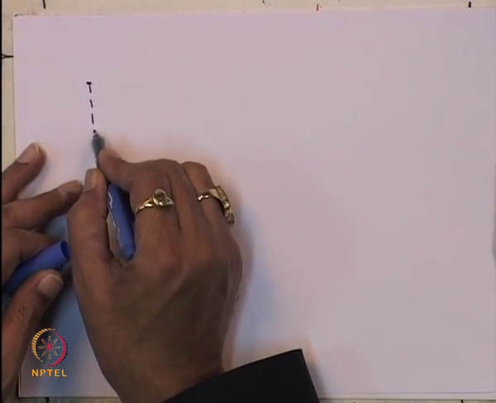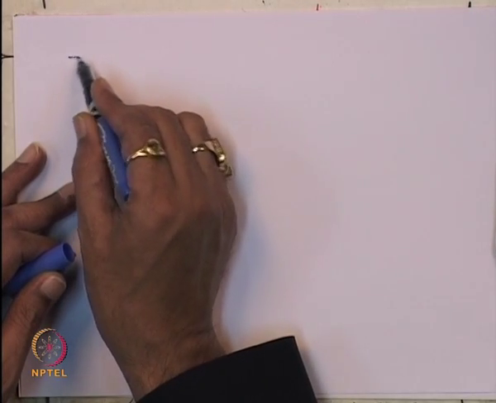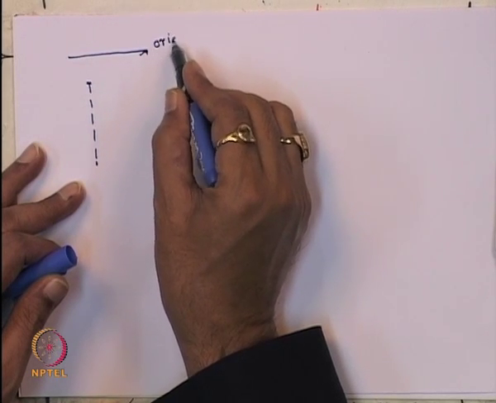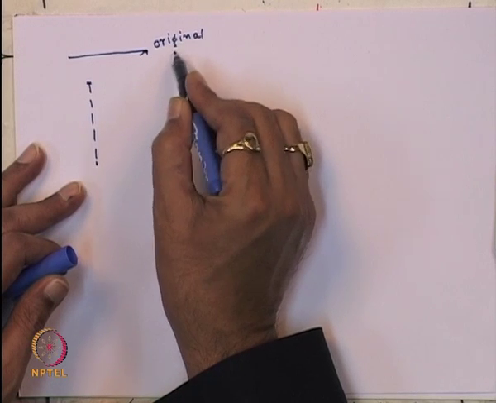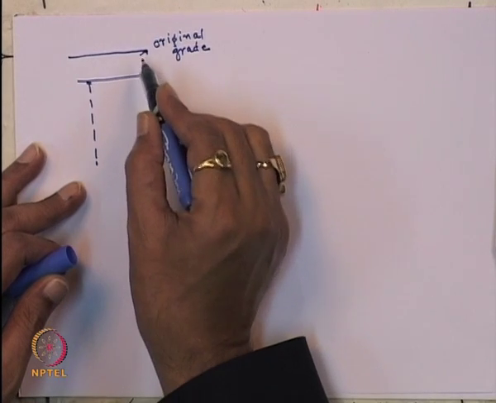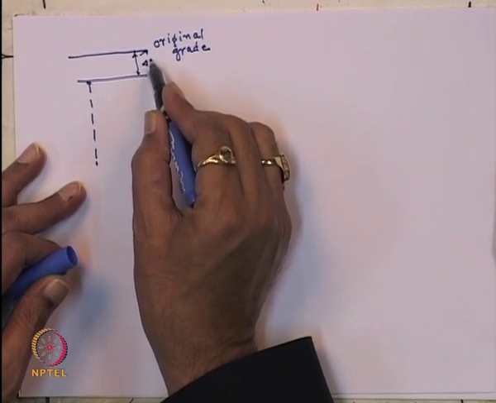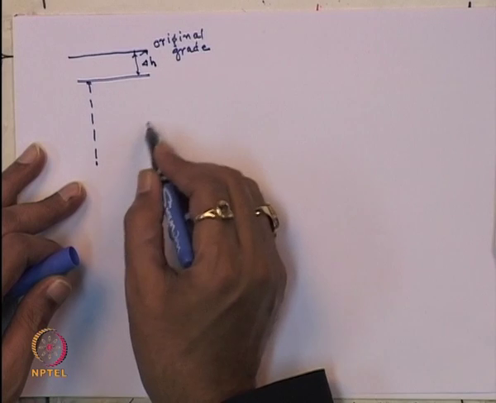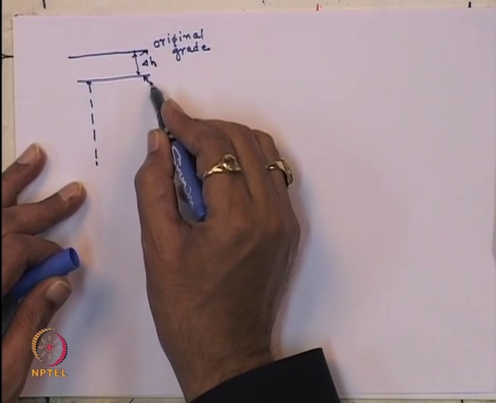So, what may happen in some cases is, if this is the drain and this is the original grade, and this is, let us say, delta H, and here the relatively uniform soil mass, and here is the final grade.